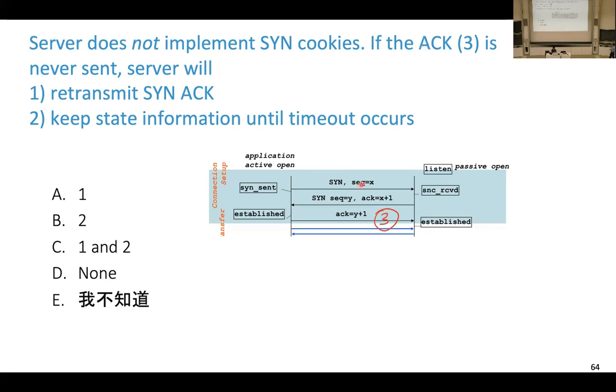If the handshake is in the three-way handshake, here we assume that the acknowledgement is lost. What happens? So I will open the poll. So the poll is open.